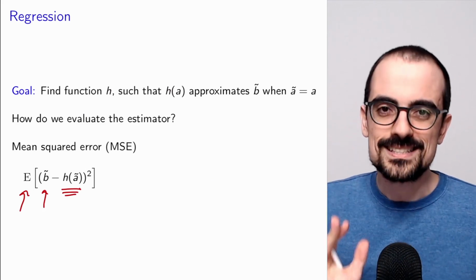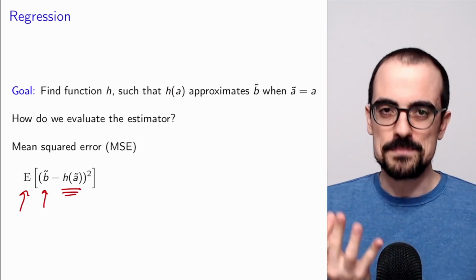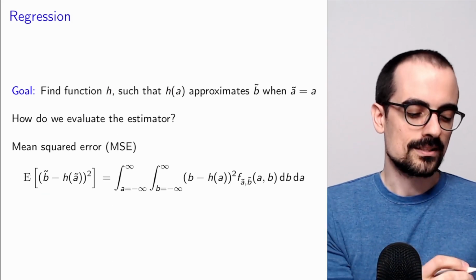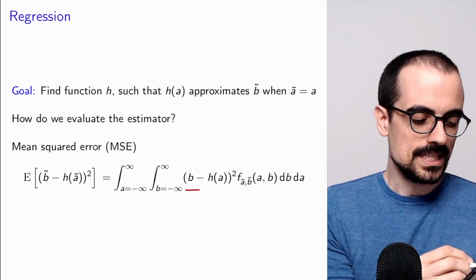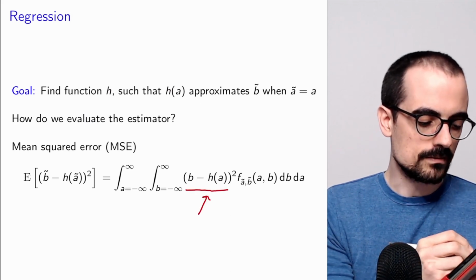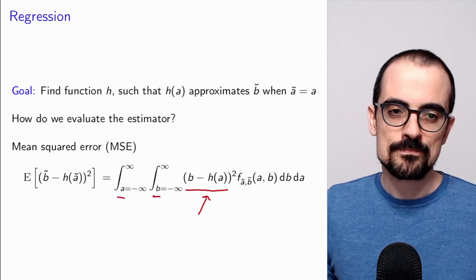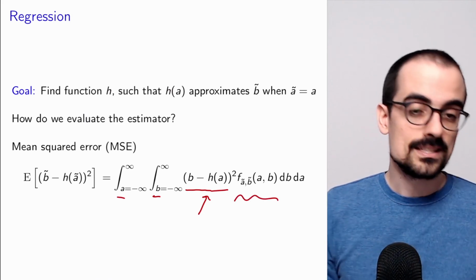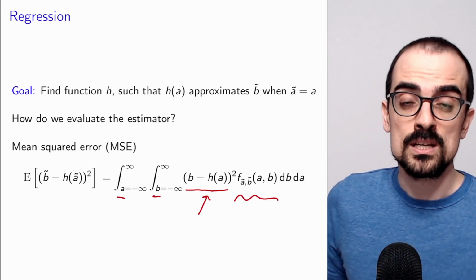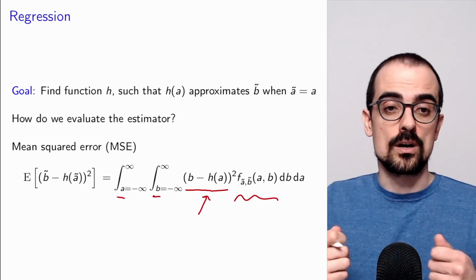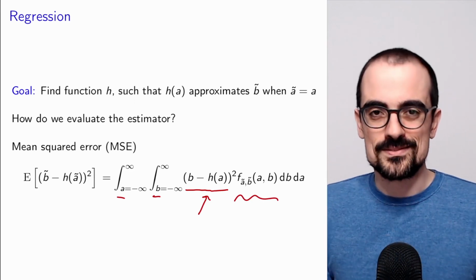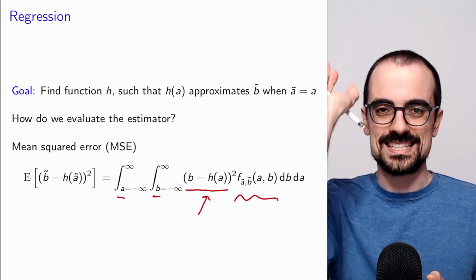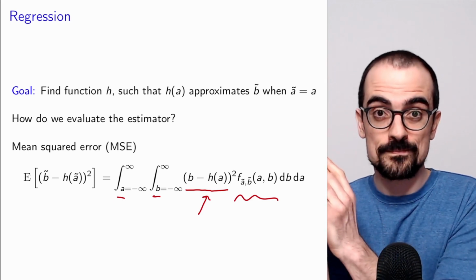That sounds very fancy, but what are we doing when we compute the mean of this quantity? We're just taking a look at the error for every possible value of a and b and weighting that error by the joint density of the two random variables. This makes a lot of sense because for values that can occur very often, where the probability density is higher, we want to weight those more.